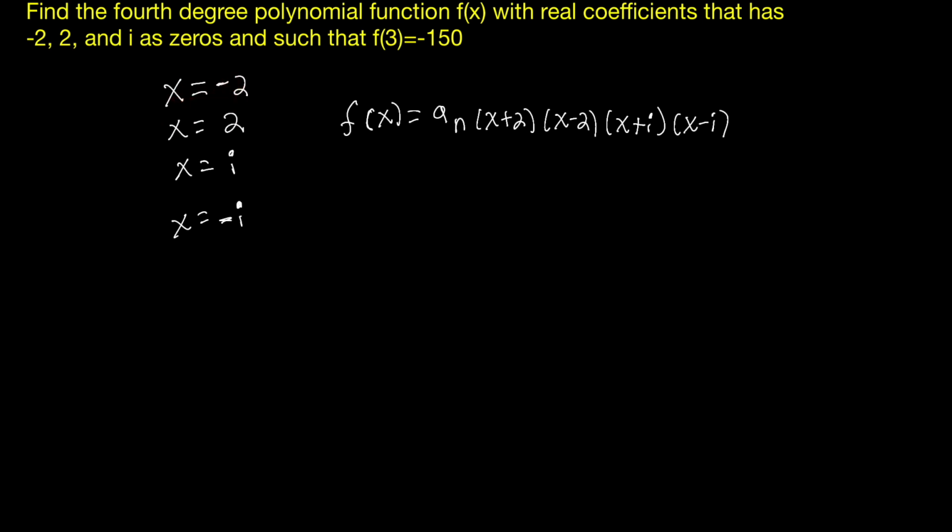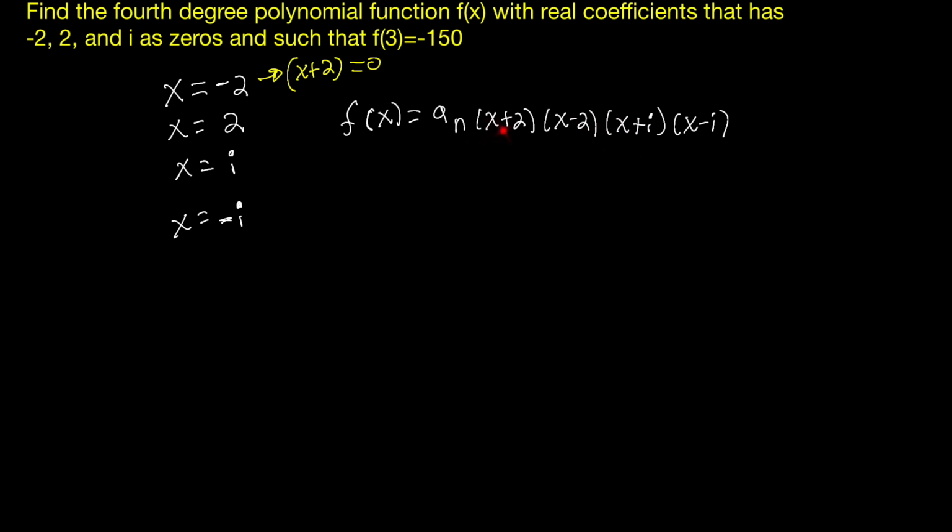So for example here, if I add 2 to both sides, I get x plus 2. So x plus 2 is my first zero, and then x minus 2 would be my second zero, x minus i, and then x plus i. I wrote them backwards, but the order really doesn't matter here.